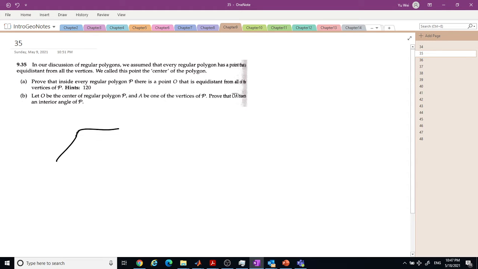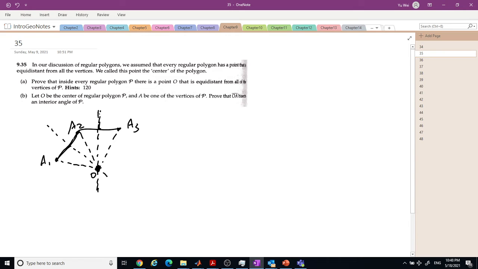Let's drop the perpendicular bisector of one of the equal sides, A1A2, and let's drop the second perpendicular bisector of the next side, A2A3.